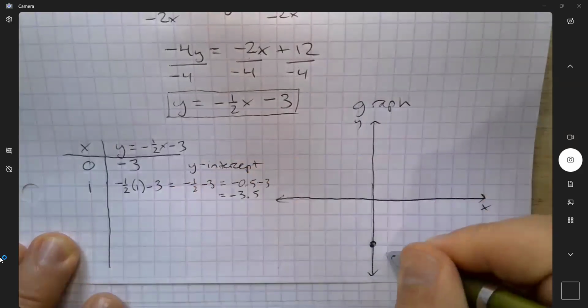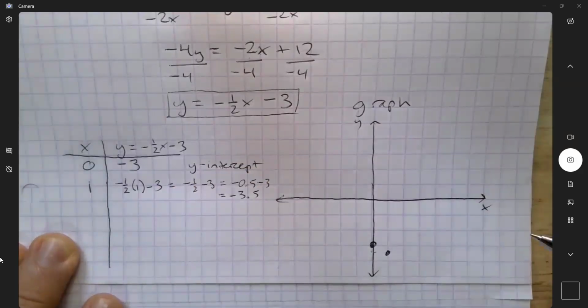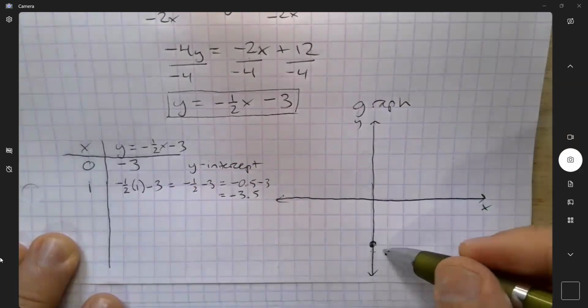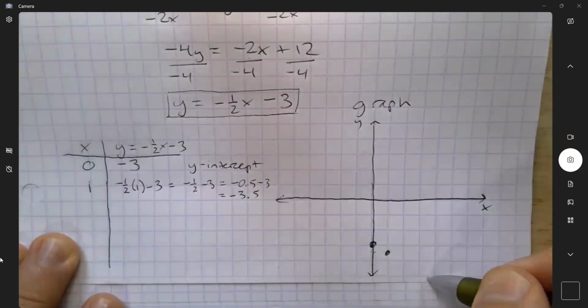So when x is 1, it looks like I came down here to negative 3.5. Okay. Just by this picture, I have a feeling if I keep going, I'm going to go down and run out of the page.